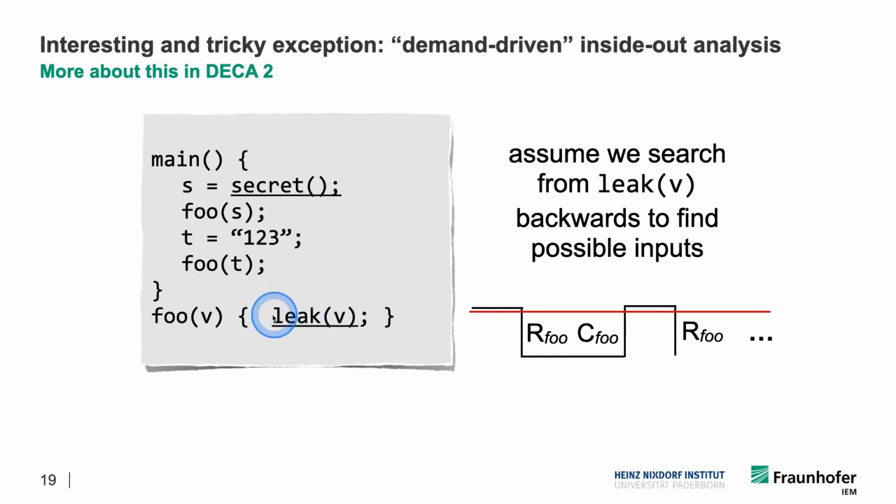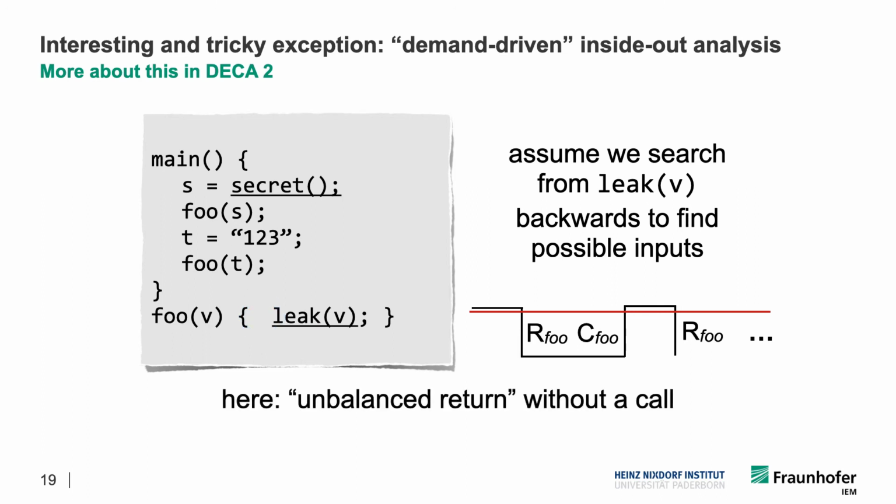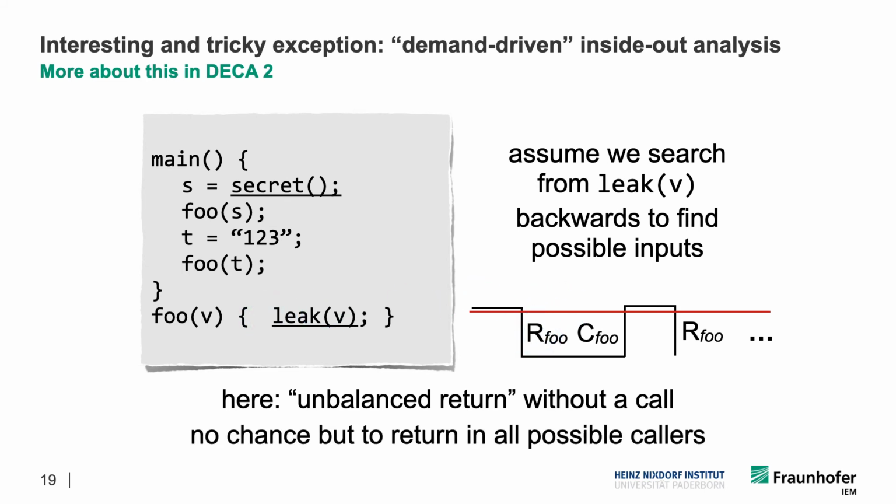Now, this is called an unbalanced return because you have a return without a call. And in these cases, the analysis has no choice but to return into all possible callers. Because here, looking at this execution of foo, we do not know where foo was called from, right?